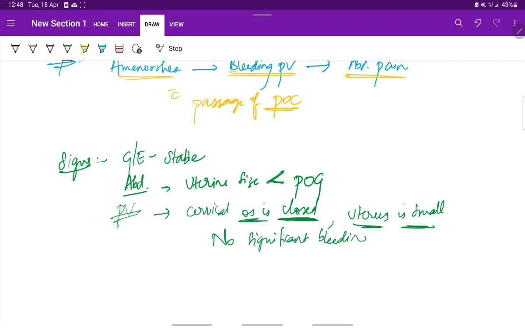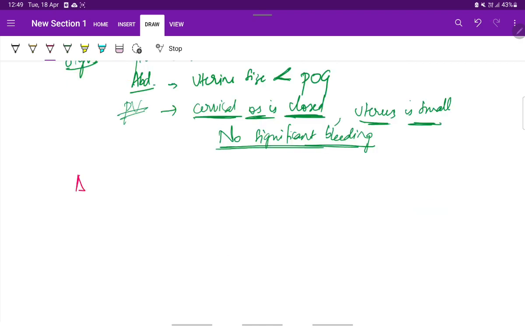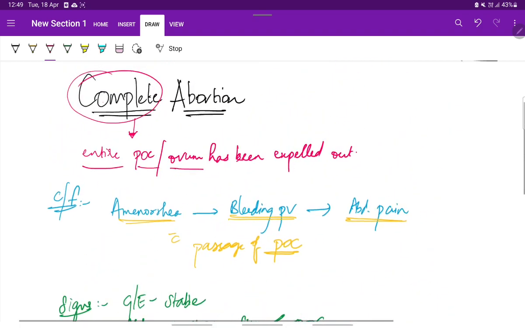This is the per vaginum finding. And here the diagnosis is confirmed by ultrasound examination. This is about complete abortion.